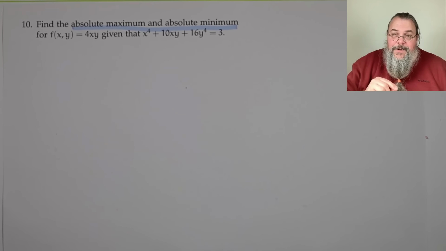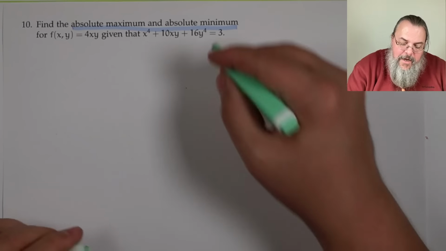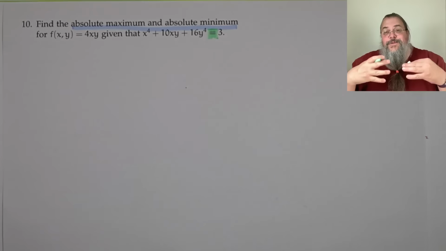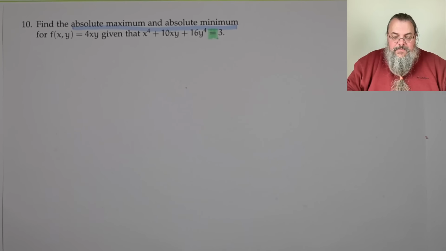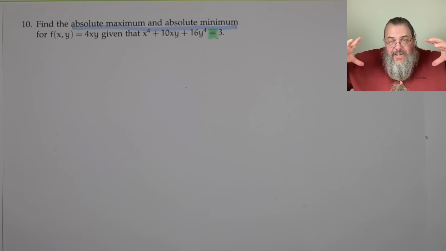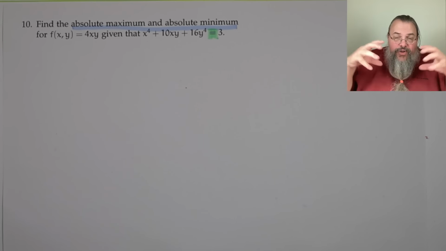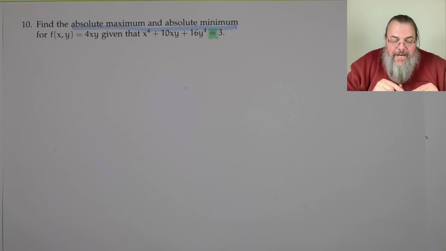Now, what's different between the previous problem and this problem? Notice that we have this equals versus less than or equal. In other words, the less than or equal says include the inside. This one says don't include the inside, it's just the boundary.